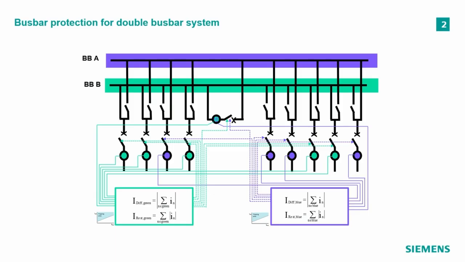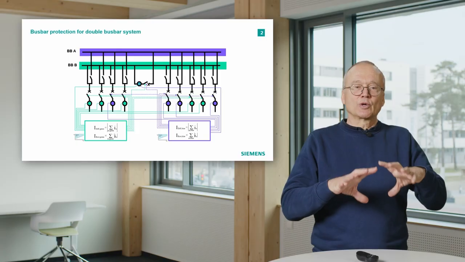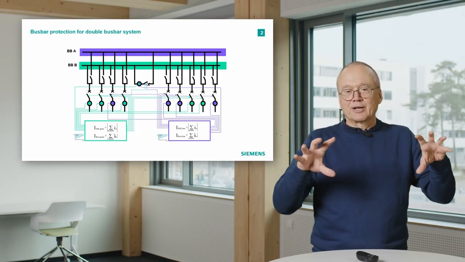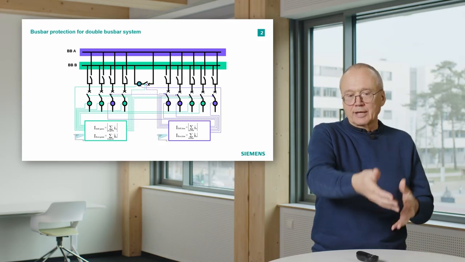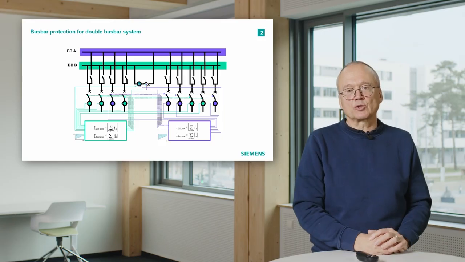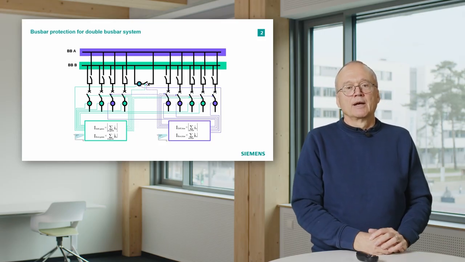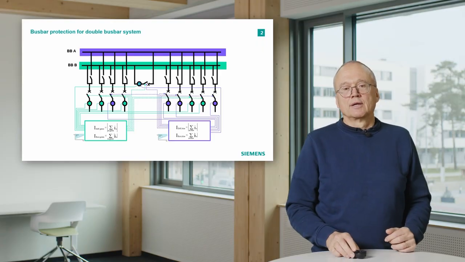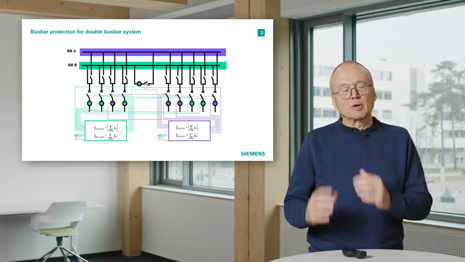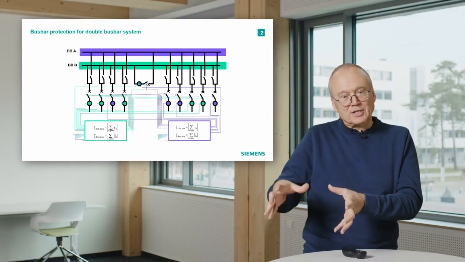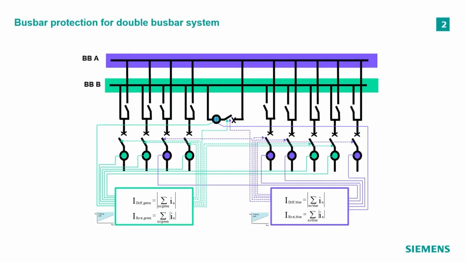And then virtually we must connect all green current transformers to one algorithm where we calculate the differential current and the restraint current, and all feeders connected to the purple busbar, all these currents are combined into another algorithm.